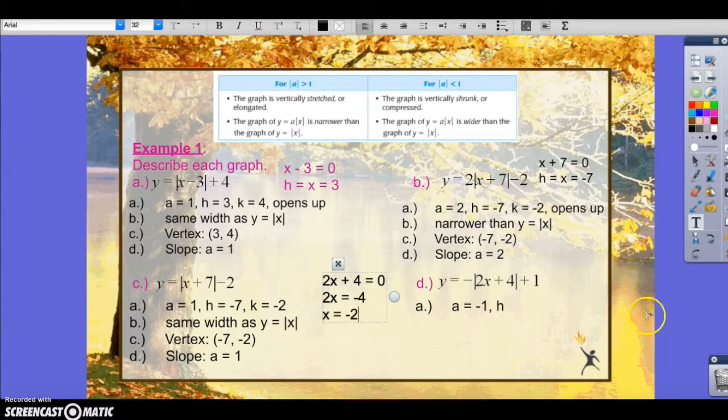So you actually get -2, so be careful with this one. -2. And then this one opens down. Actually, mentioning that, I forgot this one. This one opens up.